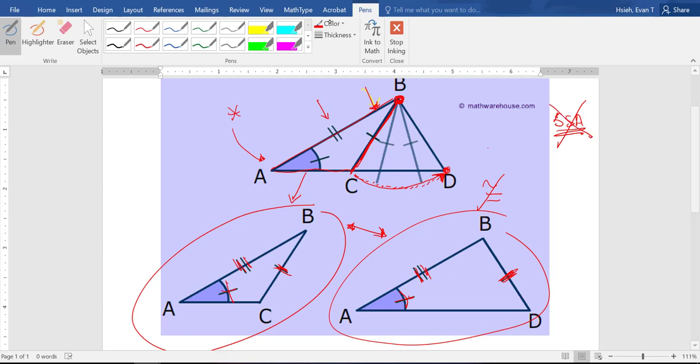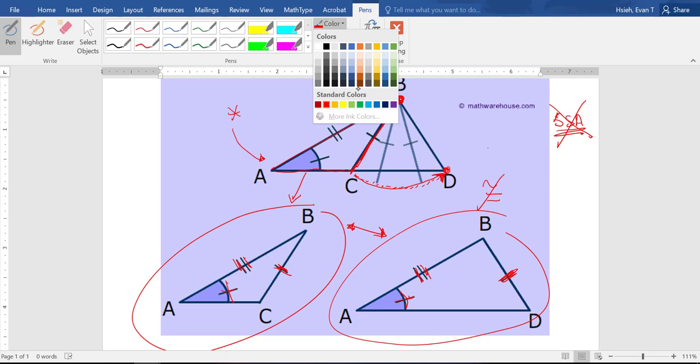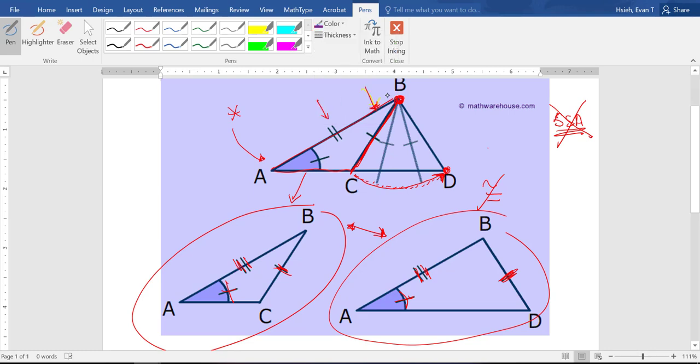Now, the one situation where side-side angle actually does work is as follows. If this side, BC, was a little bit shorter so that it was more like straight up and down, like an altitude, and it formed a right angle here, hopefully you can see that it's not going to swing back and forth anymore on this hinge.